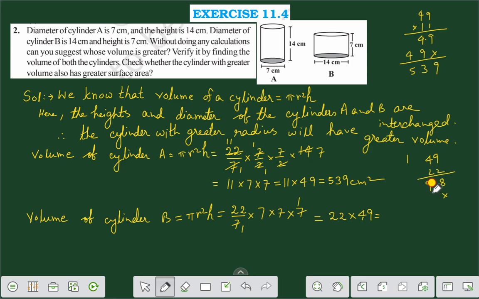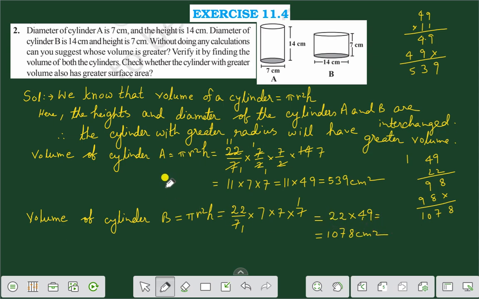Then again 2 nines are 18, carry 1, 2 fours are 8 plus 1 is 9, then you are getting 8. 9 plus 8 is 17, carry 1. 9 plus 1 is 10. Therefore we are getting 1078 centimeter square.